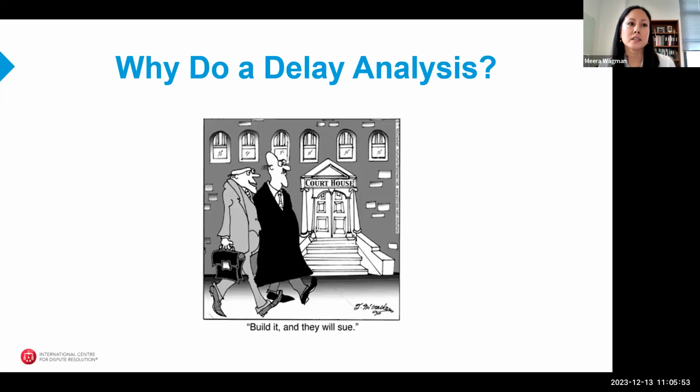So what a delay analysis can do is satisfy the burden of proving a causal link between a delay or impact on a project and the damages that are being sought by one party or another.